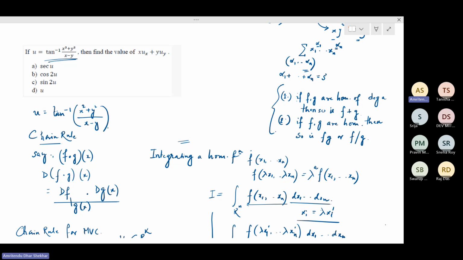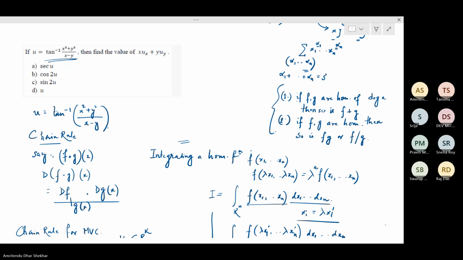Partial derivatives, as you might know, are differentiating while thinking of the other variable as a constant. So you just treat the other variable as a constant and do the differentiation.